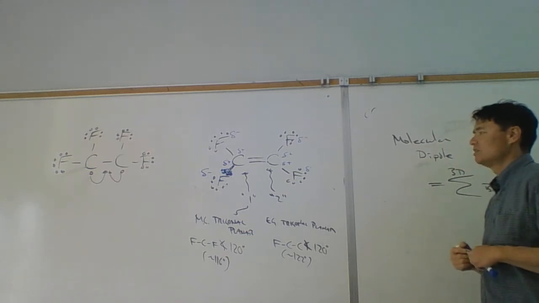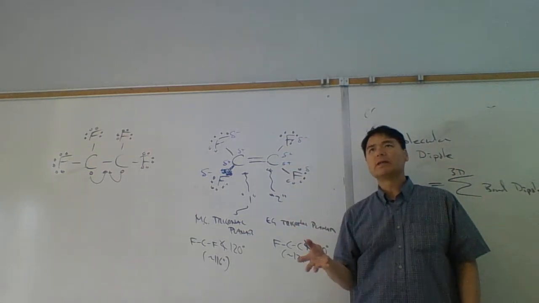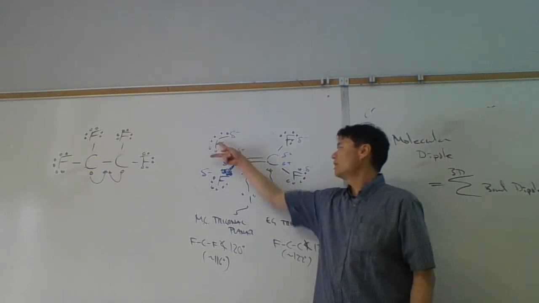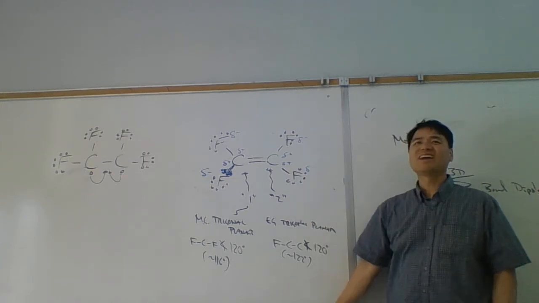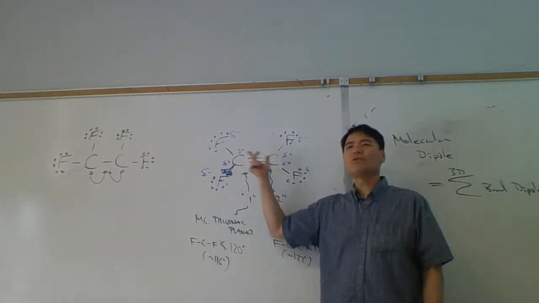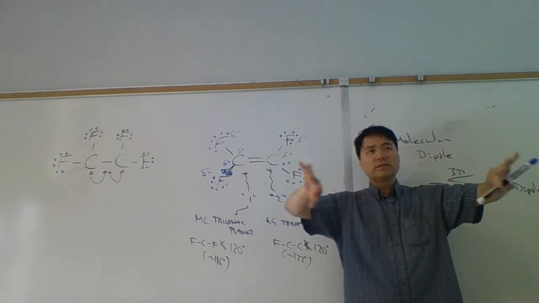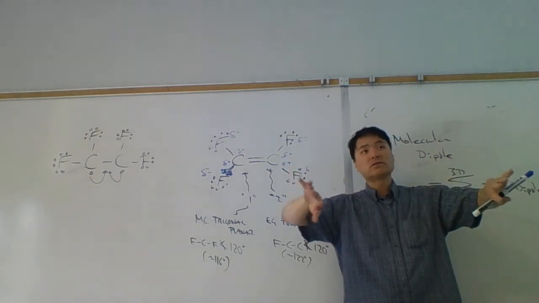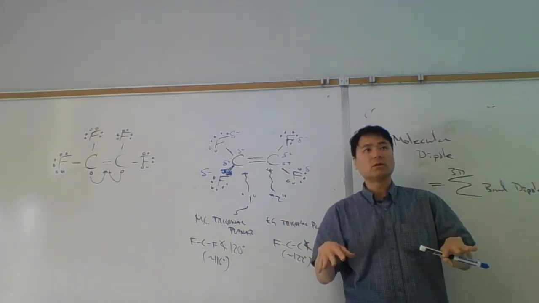And so we got to imagine the bond dipoles like this. And if we sum these up, we're looking for net movement. And so we got 2 fluorines pulling, one up here, one down here. We got 2 fluorines pulling this way. But do you see the 4 fluorines are pulling in equal and opposite directions? If the 4 fluorines are pulling in equal and opposite directions, there's no net movement. And if there's no net movement, we call it non-polar.